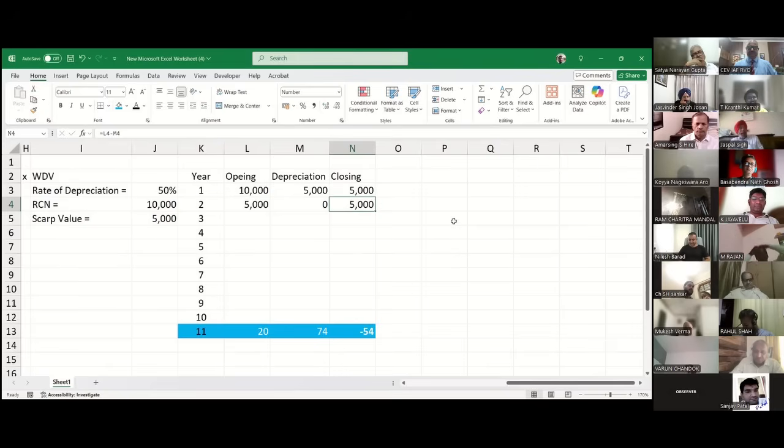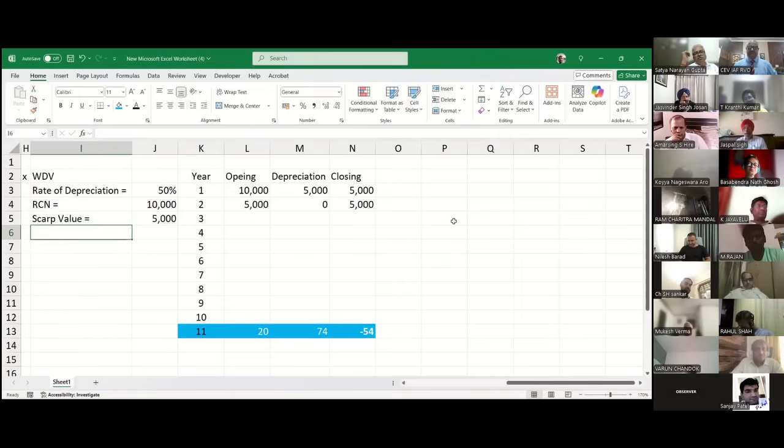Right. That means do not depreciate without thinking. In a WDV method, whenever your closing reaches the scrap value, you have to stop. Right.